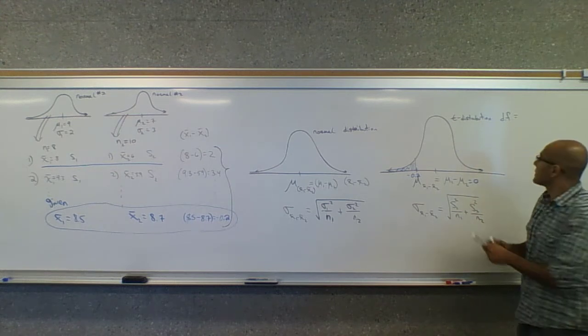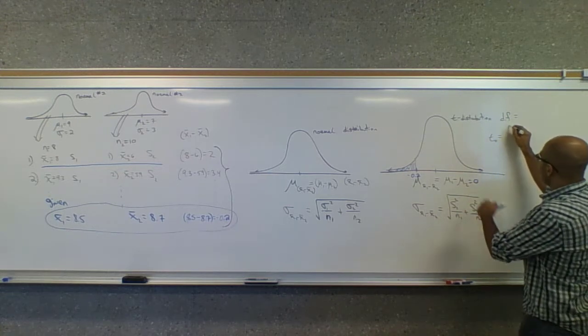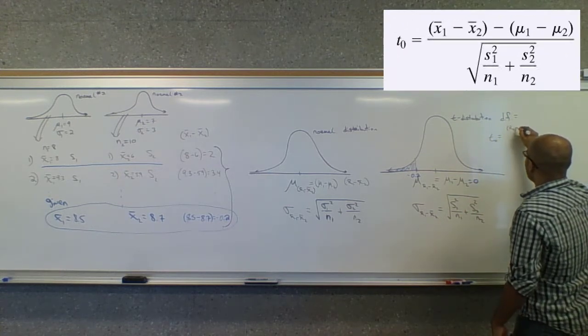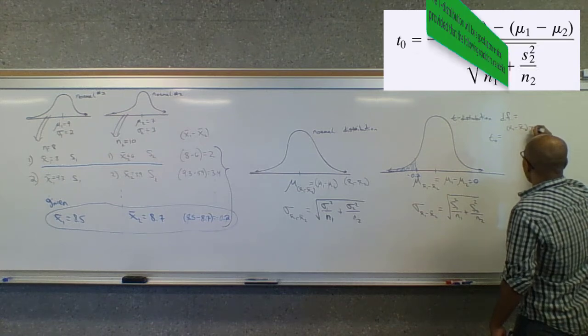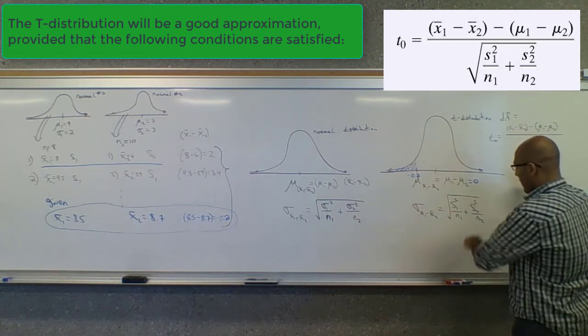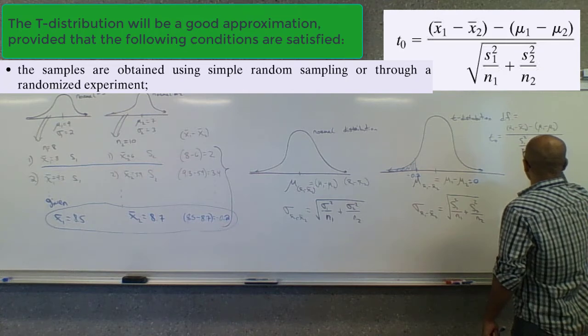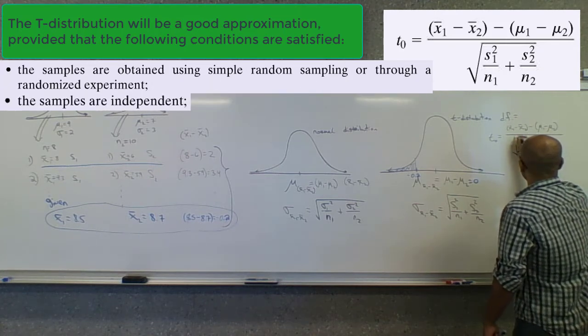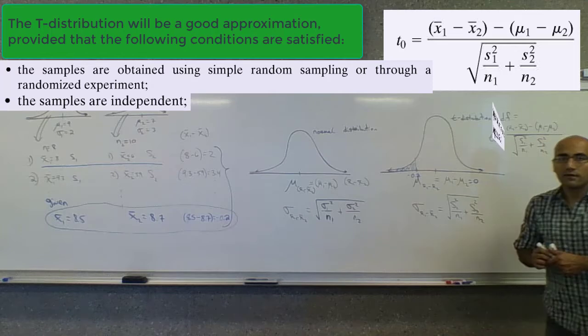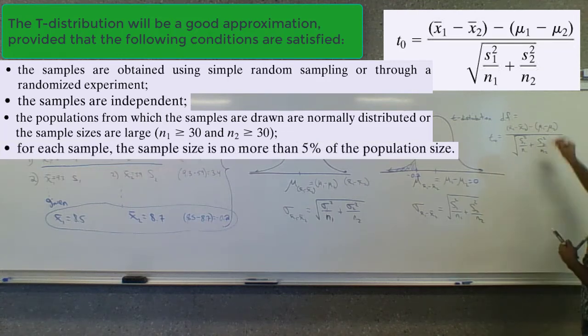And so our formula is going to be t sub naught is equal to x bar 1 minus x bar 2 minus mu 1 minus mu 2, divided by this ugly thing, which is s sub 1 squared over n1 plus s sub 2 squared over n2, and we want the square root of that whole thing, right? But notice the t value, a standard t value. Good, so that'll be the formula we use.